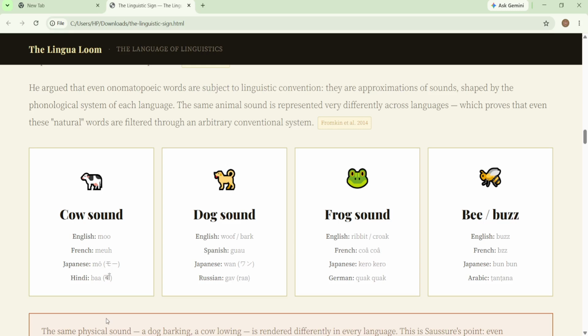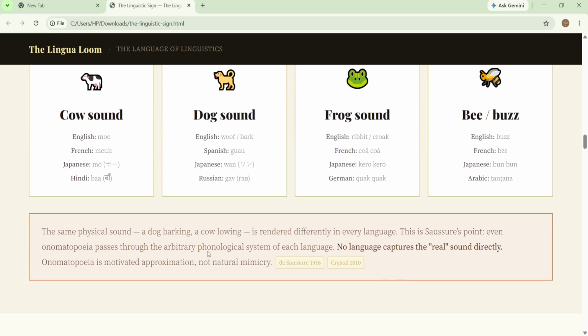So these are some of the examples. Like cow sound in English it's moo, in French it's meuh, in Japanese mu, in Hindi ba. Whereas this is dog sound woof or bark in English, in Spanish guau, in Japanese wan, in Russian gav. Then frogs are ribbit or croak, in French coa coa, in Japanese gero gero, then in German quak quak. Whereas bee sound in English is buzz, French bzzz, in Japanese bun bun, then in Arabic tantana.